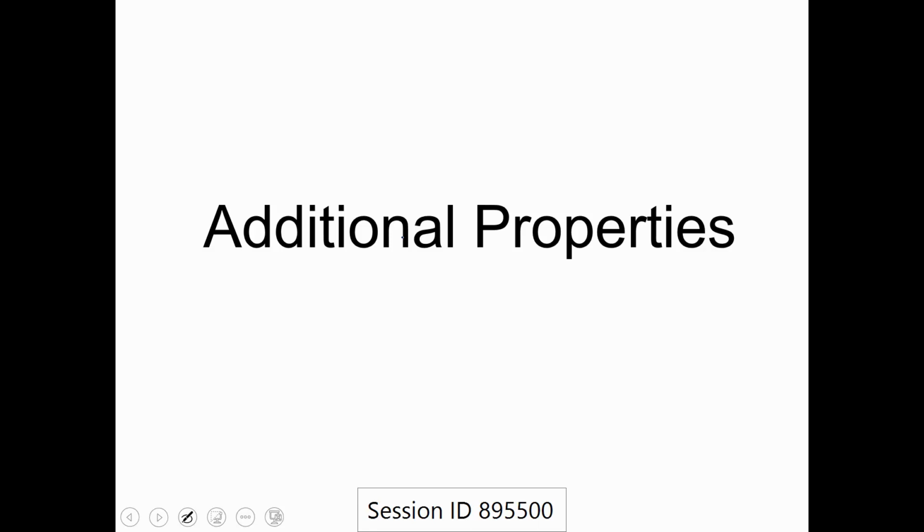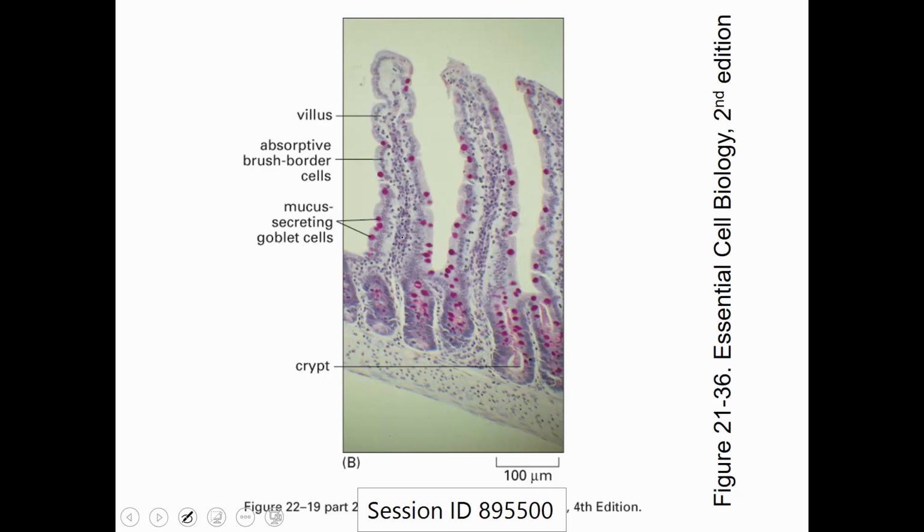Now, the additional properties of epithelial tissue, I just want to go through quickly. Epithelial tissue is regenerative, so they have mitotic capability. You may ask, what has nature done to protect those cells undergoing mitosis? Well, you can imagine when you have an epithelial lining, once again, we always talk about having a lumen.